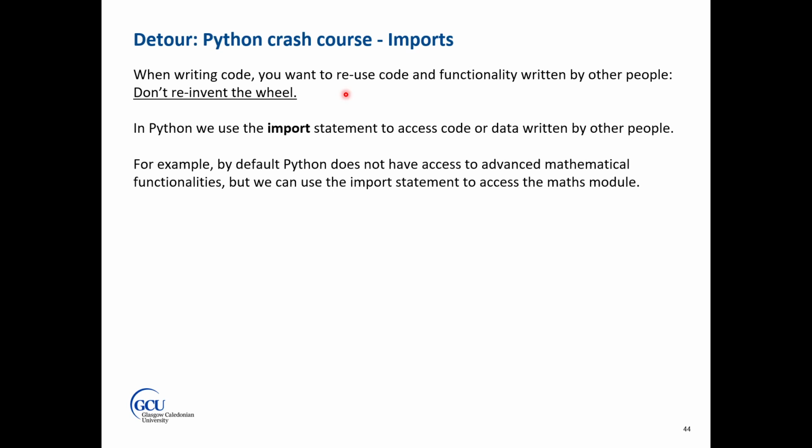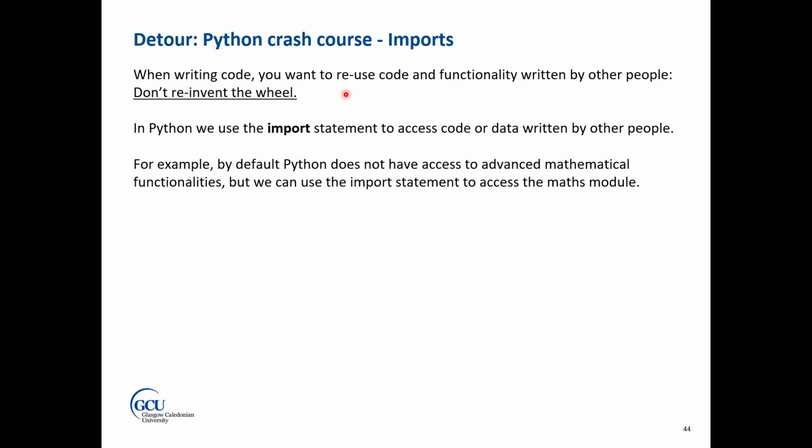So once you open the Python command line, as I was showing before, you have access to additions, subtractions, multiplications, divisions, and some other stuff. But neither Python nor many other programming languages give you access by default to more specialized functionality.